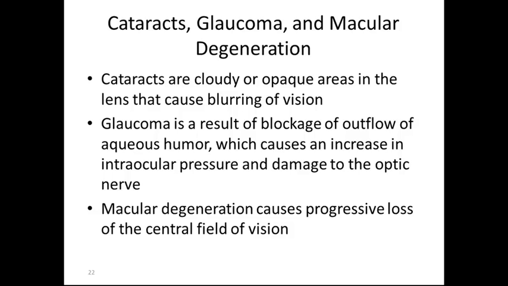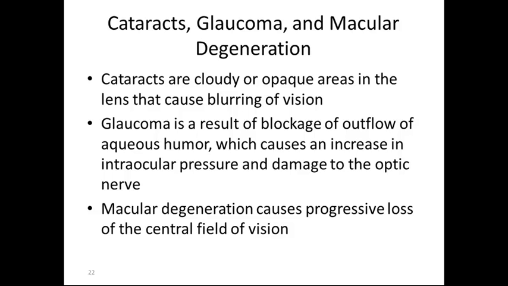Glaucoma is the result of blockage of outflow of the aqueous humor, which causes an increase in intraocular pressure that can damage the optic nerve and eventually cause blindness. We often treat this disorder with medications such as beta blockers, like Timolol eye drops.